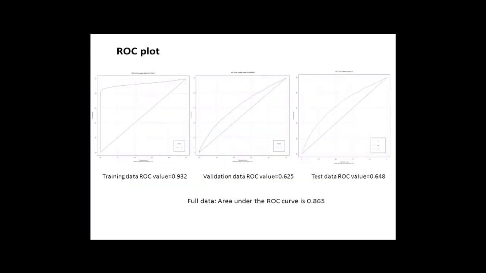The area under the ROC curve is 0.932 for the training data, which indicates that building a random forest and evaluating it on the training dataset gives a near perfect result. It would tend to tell us that our model has overfitted the training data.